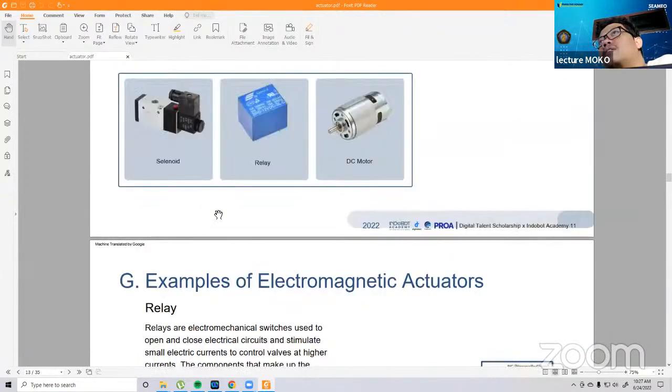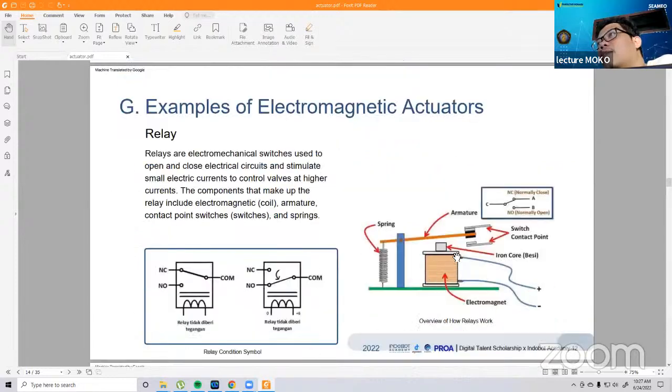Inside this device, there is a coil. This is the coil. We just trigger it on this side. We give electricity voltage, and this coil will become a magnet, and it will pull this iron, this side, the armature. We call it the armature.